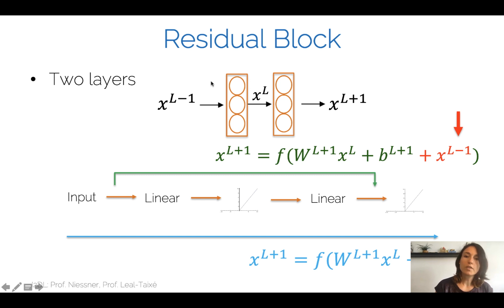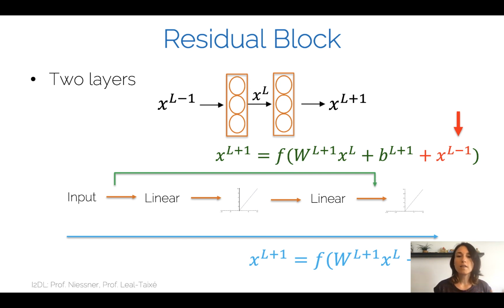Between this processing, it can happen that gradients vanish or we do a computation that is not optimal for the neural network. And what the residual block does is it creates this shortcut that bypasses all of these operations.